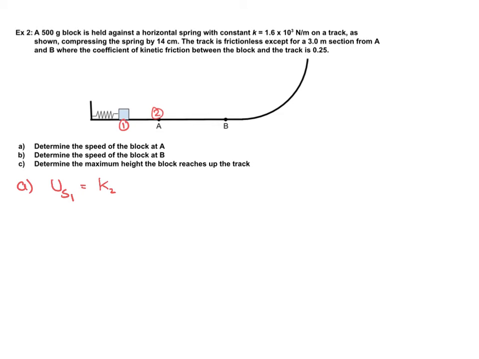And then I can go from here. So I can write the formulas for each of the energies here. And then I rearrange for the speed. So the 1/2s cancel out. And I'll divide by m and square root.